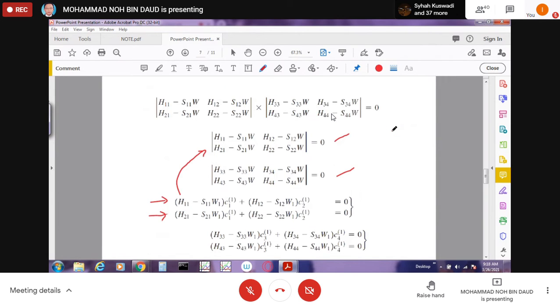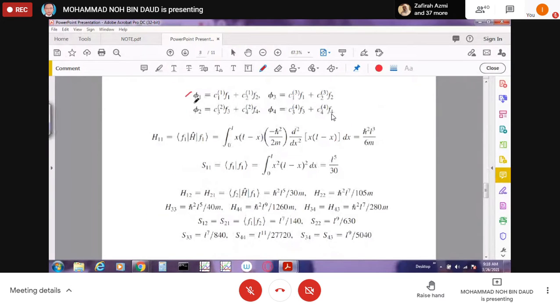So now we can write this first set of C. This C13 and C14 here are 0, right?